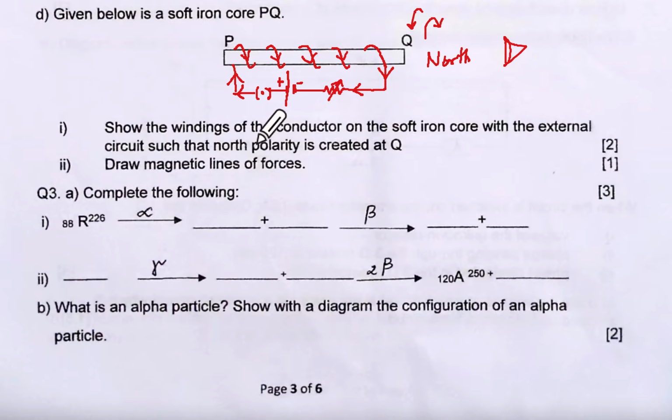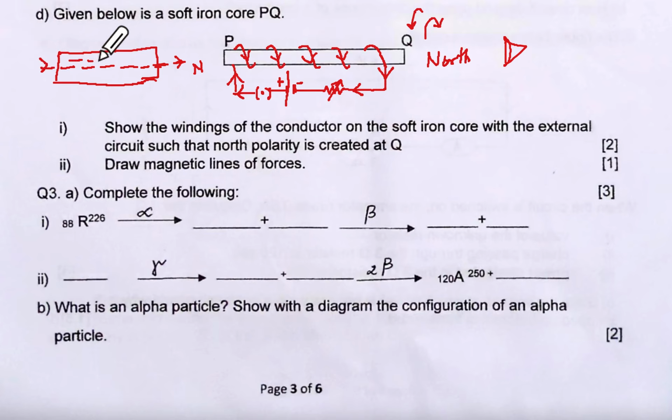Yes, ma'am. Okay. Now they say show the magnetic lines of force. When they give you a soft iron core like this, it becomes a little difficult. So ideally what you should do is draw a little fatter core. This is the axis, this is your north, so north to south.